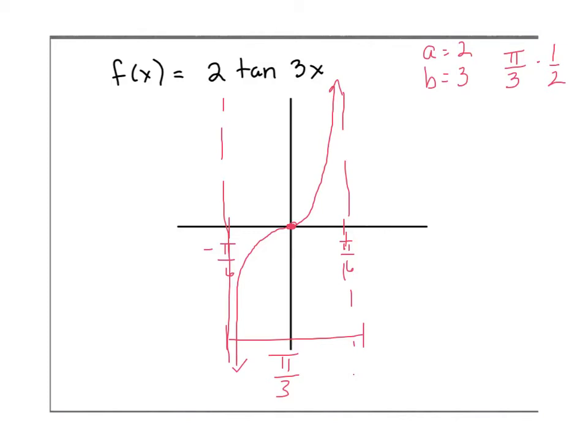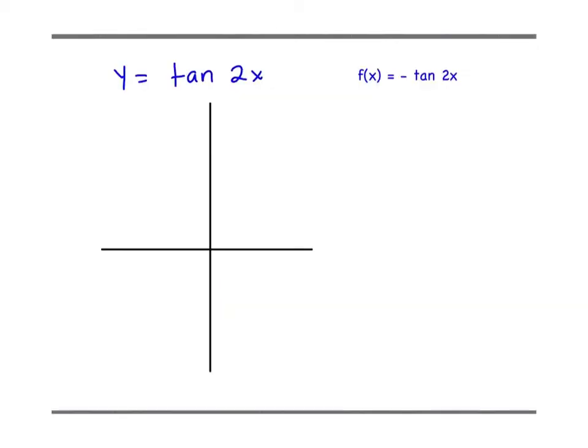So finding your period. Okay, so here are two functions here, tangent 2x and negative tangent 2x. I'm going to graph them both on the same graph. So the first one I'm going to do is the tangent 2x, which the amplitude is just going to be 1, and then the period is going to be pi over 2.